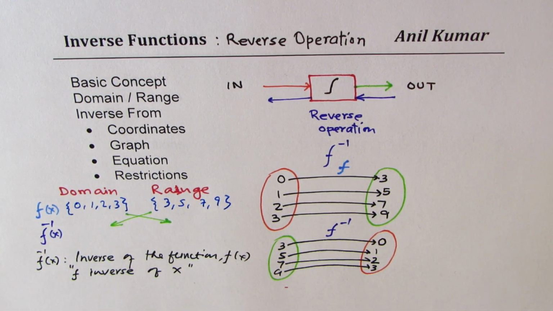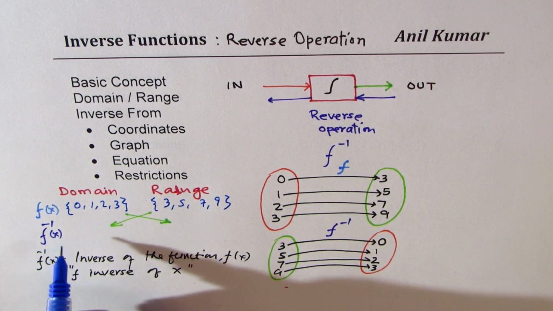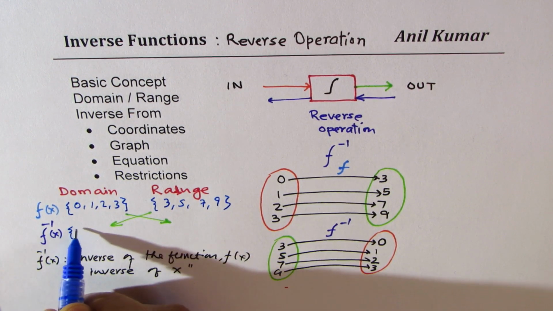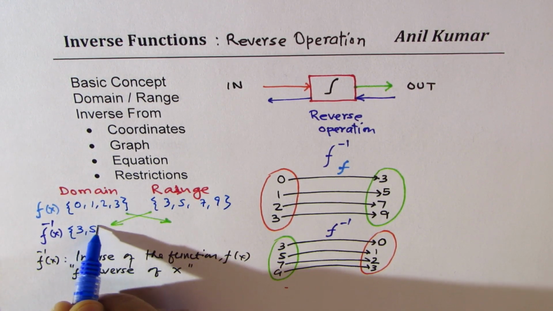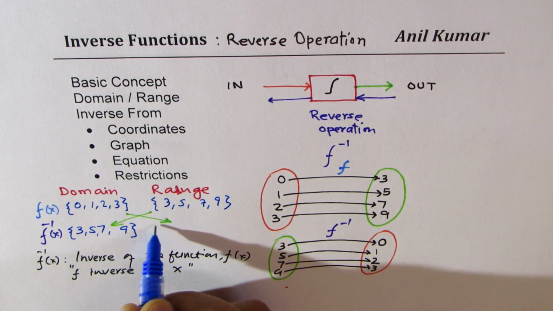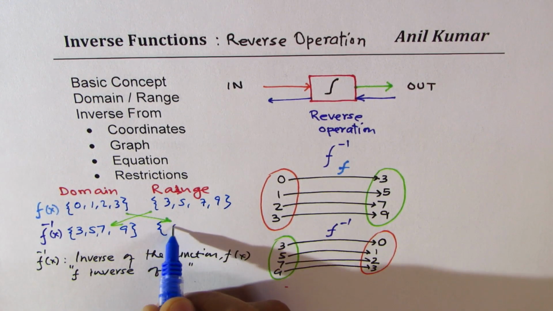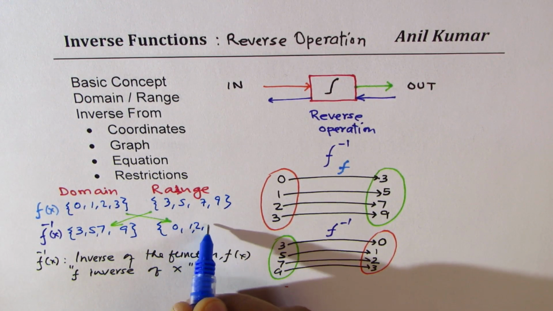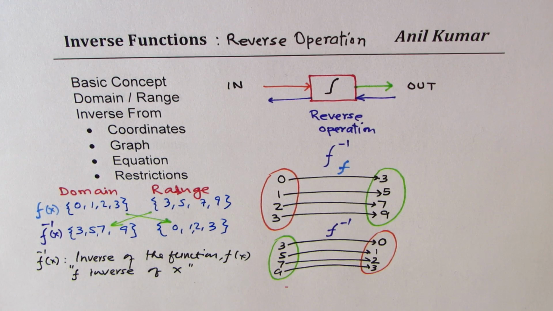Domain becomes the range and range becomes the domain. As you can see here, the domain of the inverse function will be 3, 5, 7, 9, and the range will be 0, 1, 2, and 3. So for an inverse function, domain and range switch.